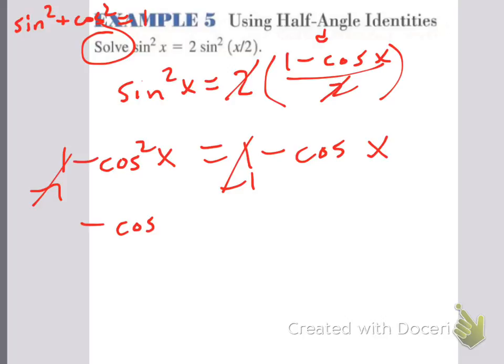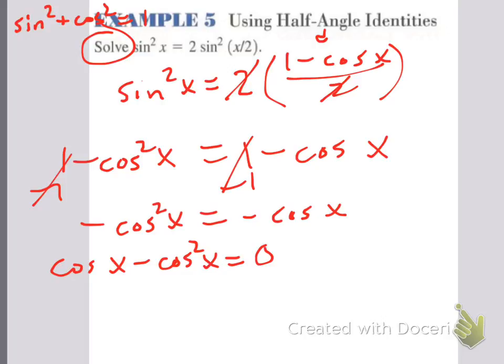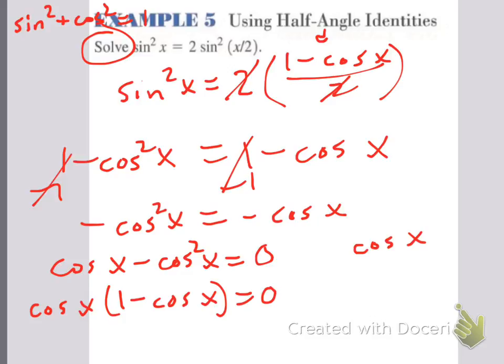Now I have negative cosine squared x equals negative cosine x. Add cosine x over. Factor out a cosine x. So cosine x equals 0, and cosine x is also 1.